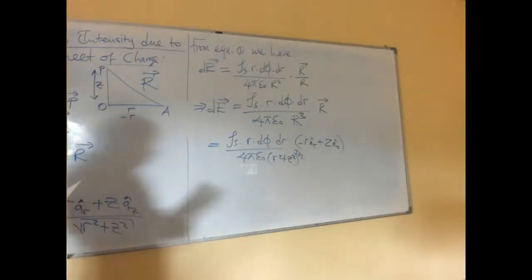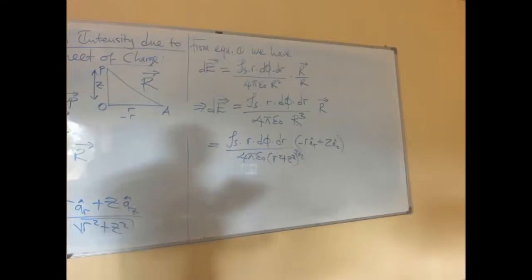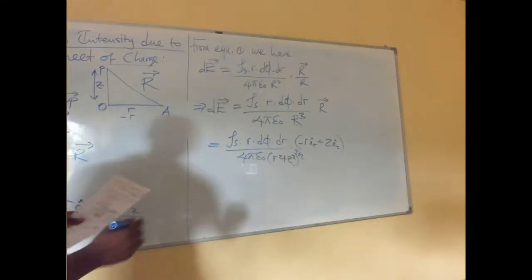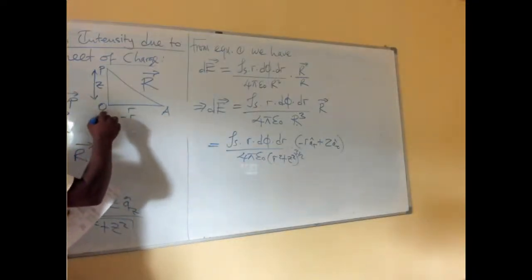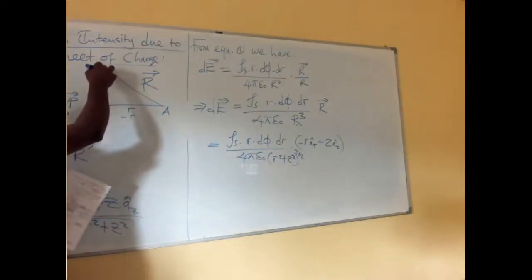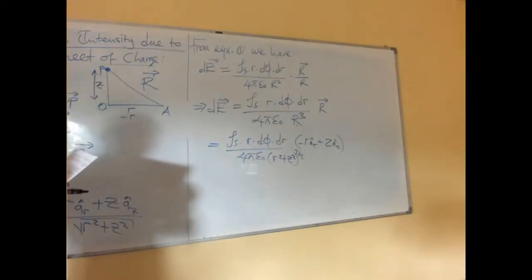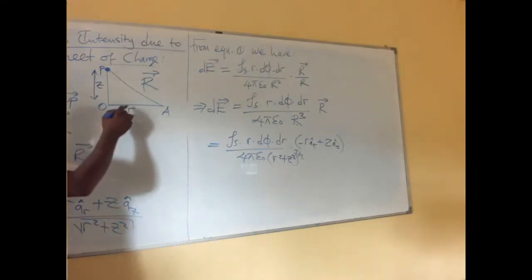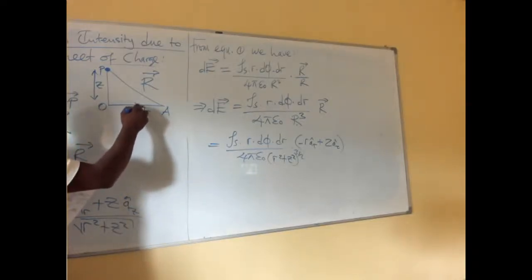So, we have to state something that is very important. At point P, which is this one here, all the ar components, this is r, r is facing in this direction. So this is where we have the ar, like this.